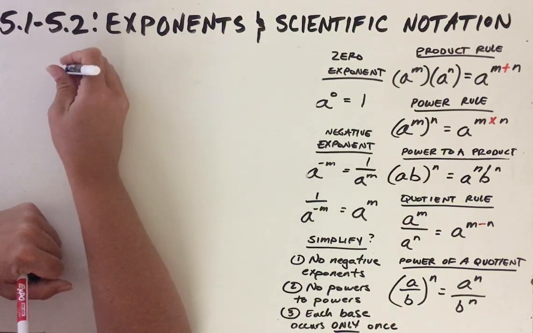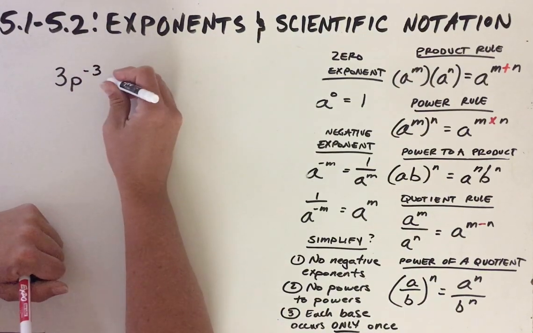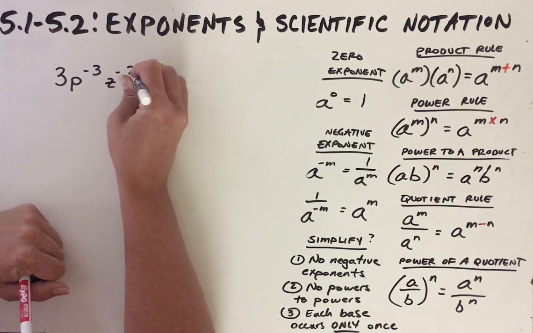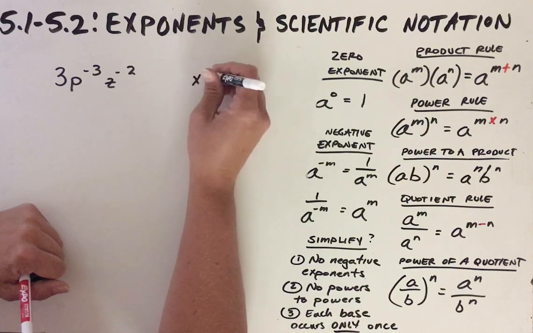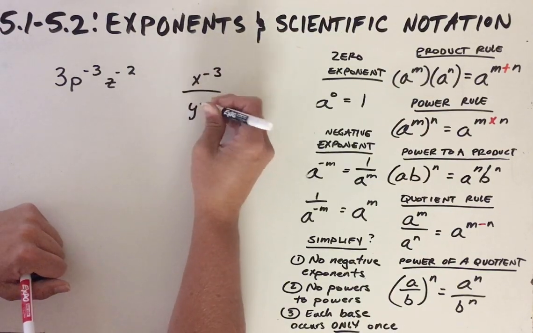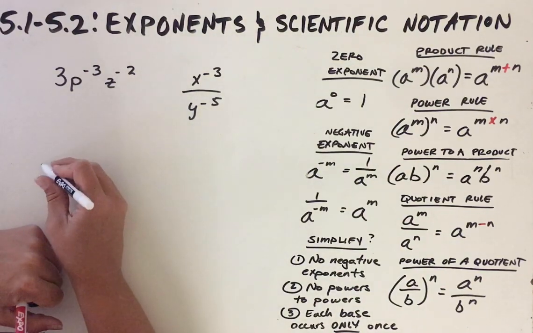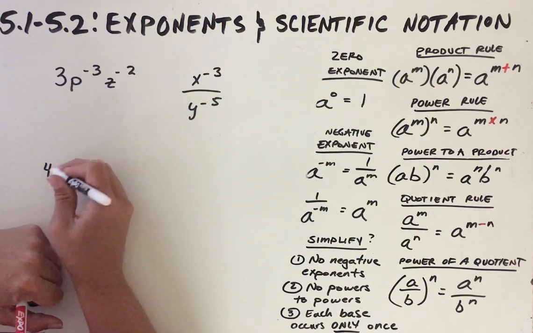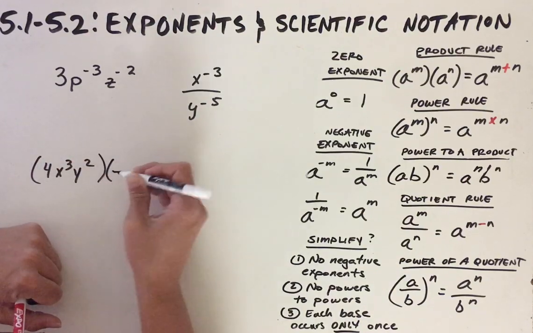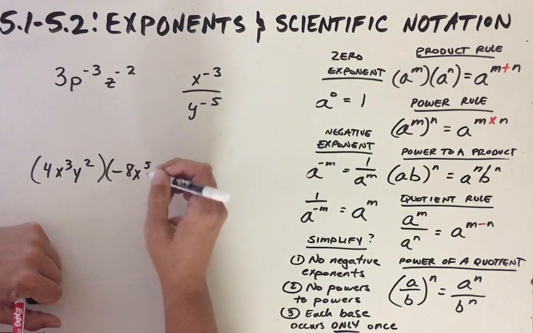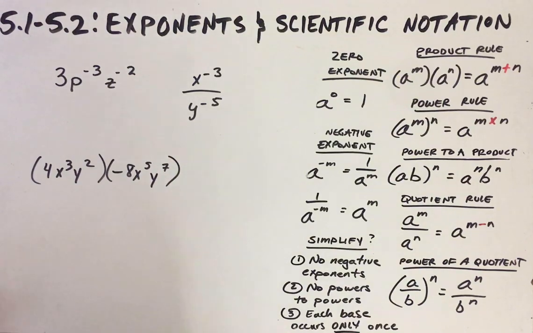Something from as easy as this, or this, to something like, let's say, 4, something like this.